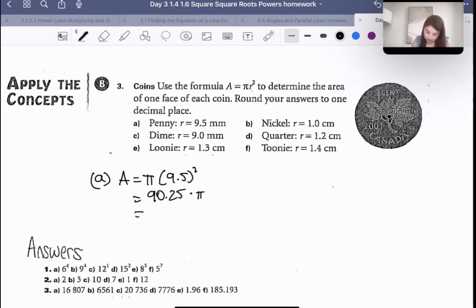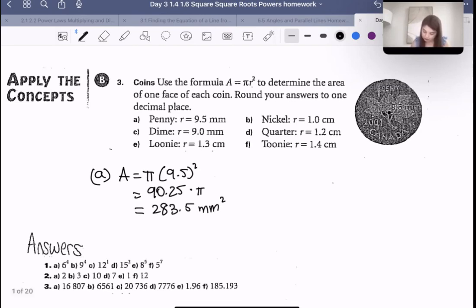And so the answer we get then should be 283.520375. Now they said to round to one decimal place, so I'm just going to do 283.5 and call it good. So it's going to be 283.5 square millimeters.